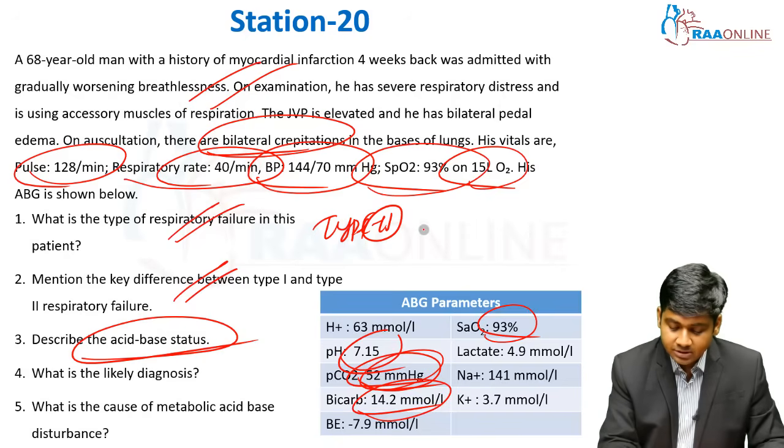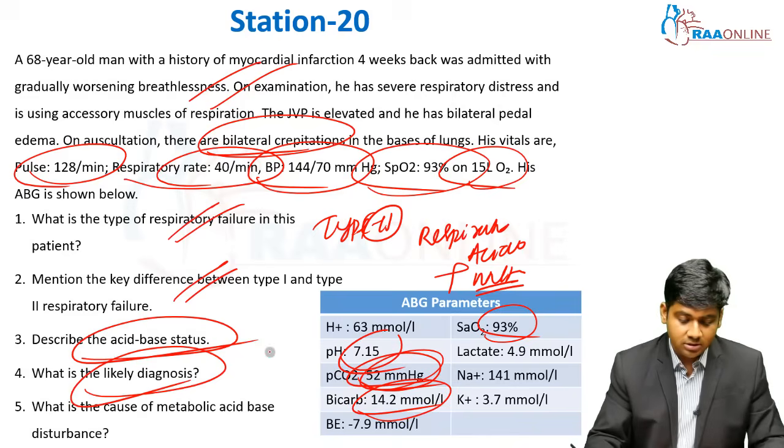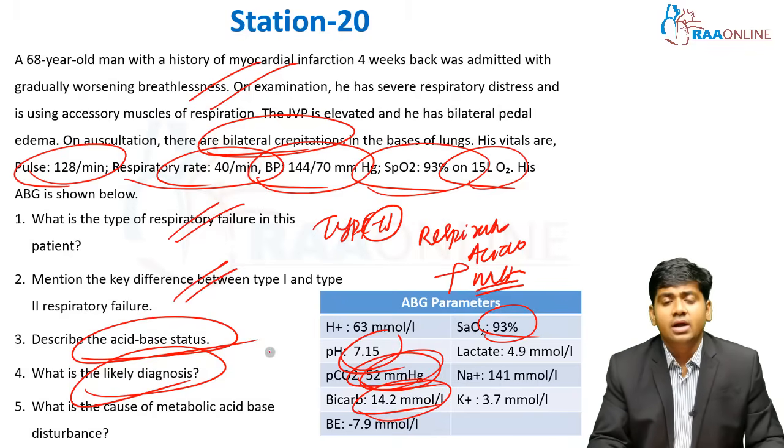So it is both respiratory acidosis plus metabolic acidosis. Fine. Likely diagnosis: history of myocardial infarction admitted with gradually worsening breathlessness, severe respiratory distress, accessory muscles, raised JVP. So it may be congestive cardiac failure with pulmonary edema.